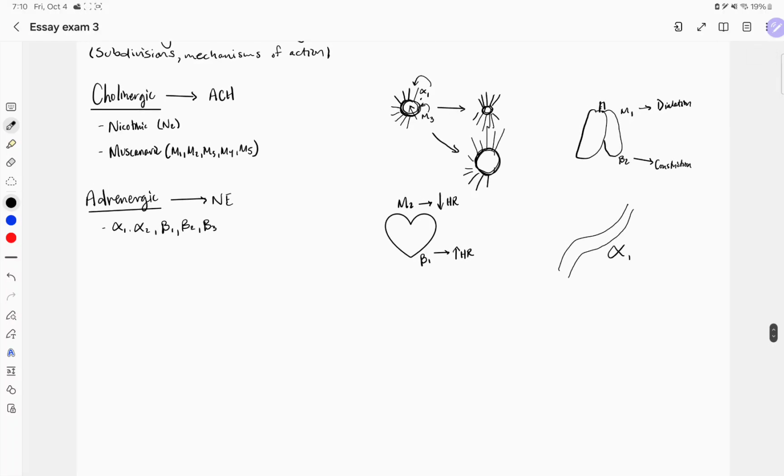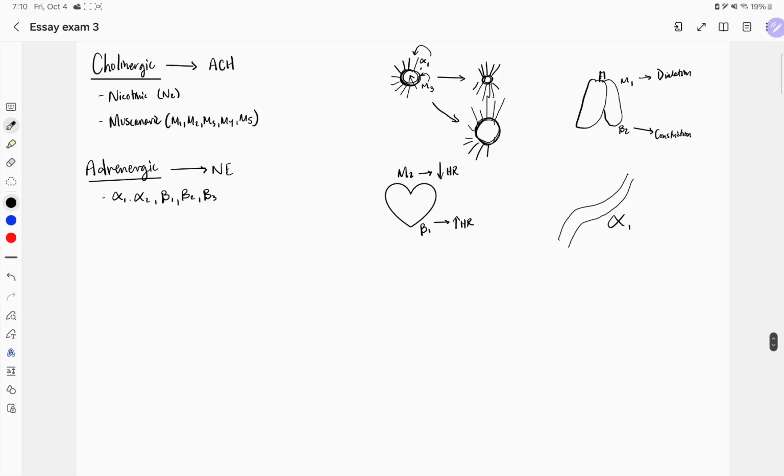That's why they're important. And another thing that we should note here before we end is that we want to think about cyclic AMP. When cyclic AMP increases, let me draw it like this.